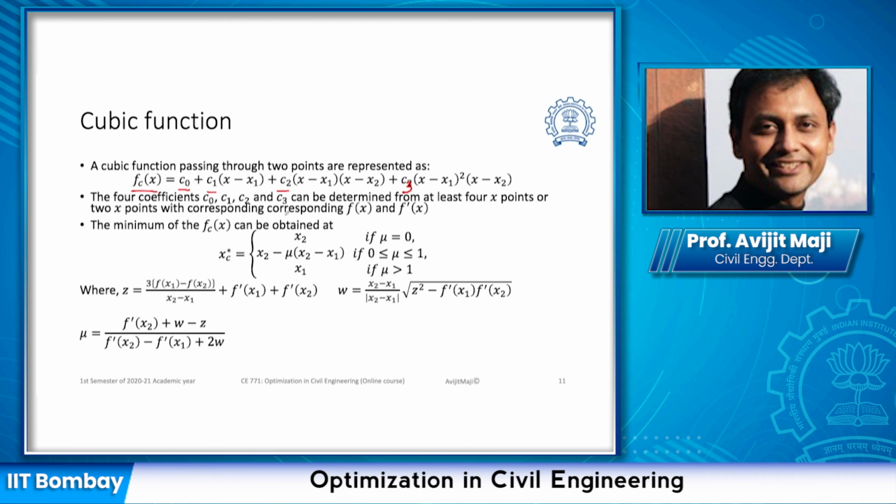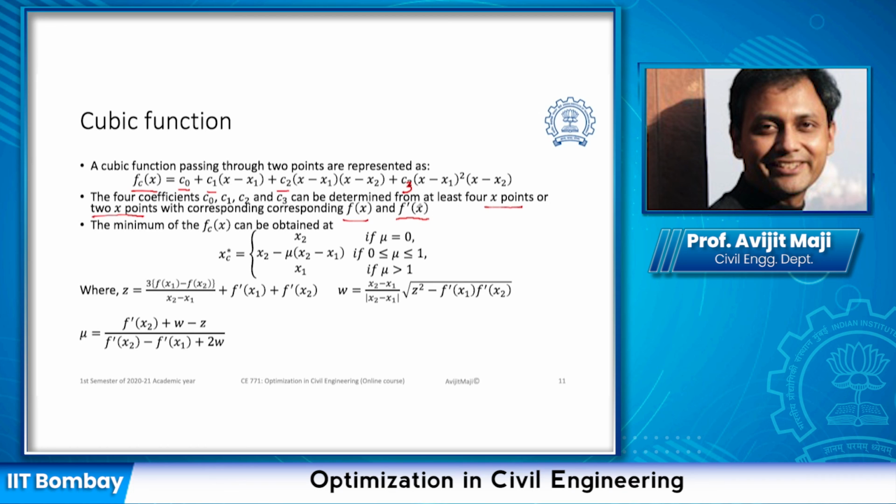So these 4 coefficients need at least 4 x points to find out their values. The other option is that we can use only 2 points with corresponding function value f(x) and the first order derivative f'(x) at those 2 points. So let us see how we can do that.